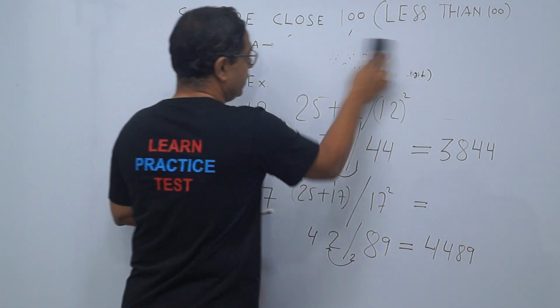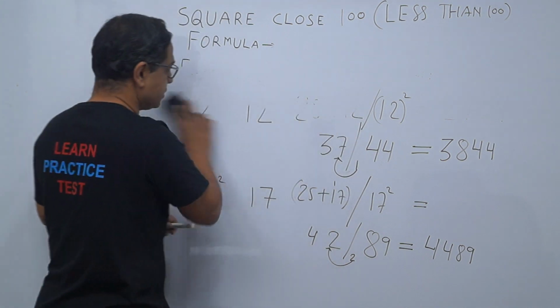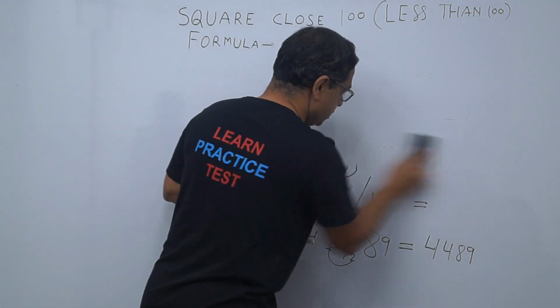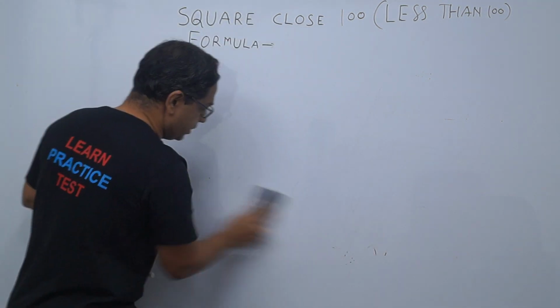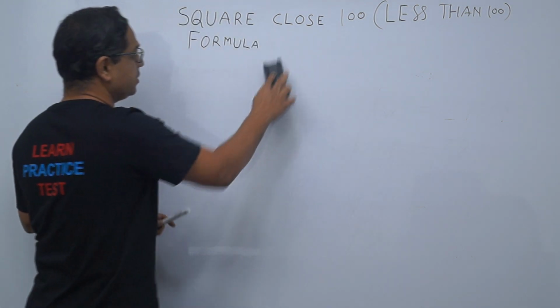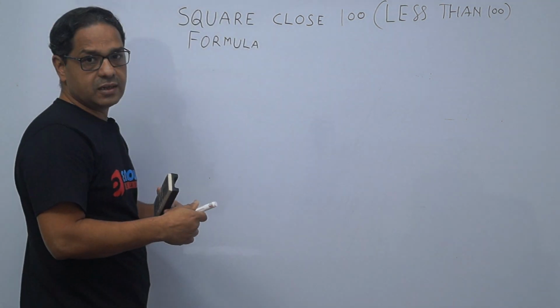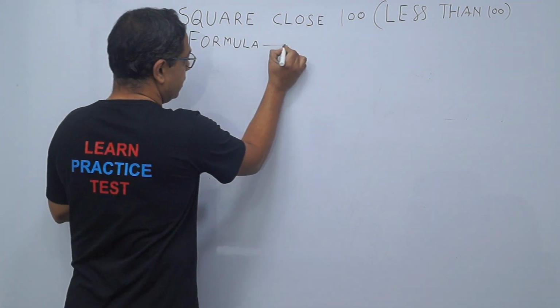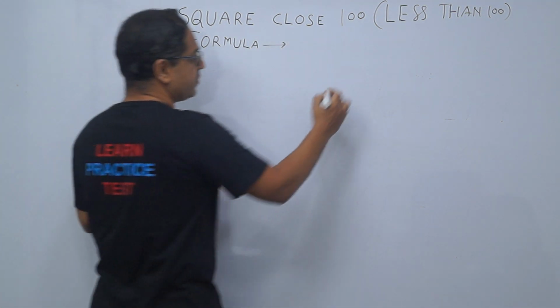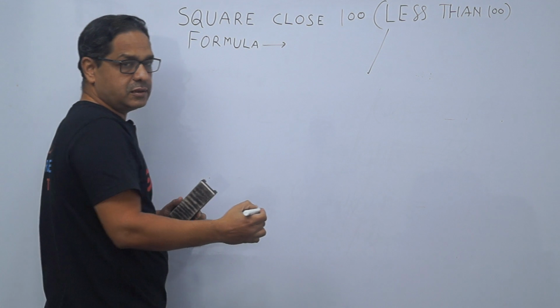Now here we use a formula which is different from the formula used for numbers close to 50. Again we write the answer in 2 parts.